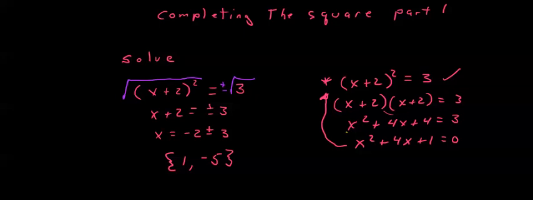X squared is a perfect square. 4 is a perfect square. And 2 times x is 2x, times 2, or doubled, is 4x. This is a perfect square trinomial. So how do we make this into this? That's the question.